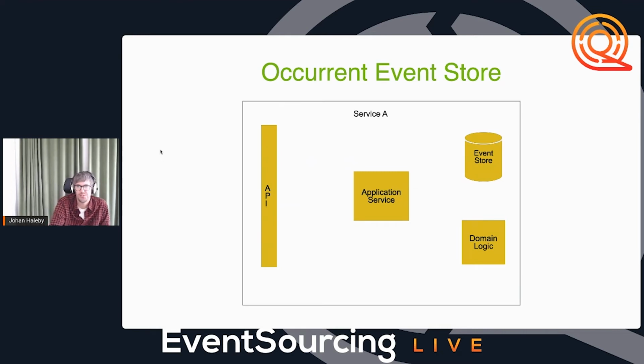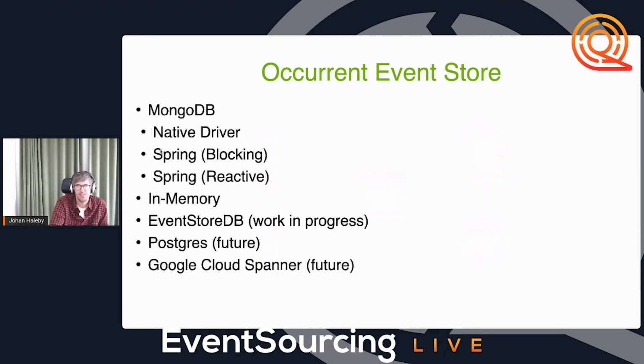So now we're going to look at the event store. Occurrent ships with a couple of different implementations of event stores, but most of them, except the in-memory store, are based on MongoDB, because this is what we're using. I have three different implementations. I have one that uses the native sync Java MongoDB driver. Then I have one implementation for Spring, which is a blocking implementation.